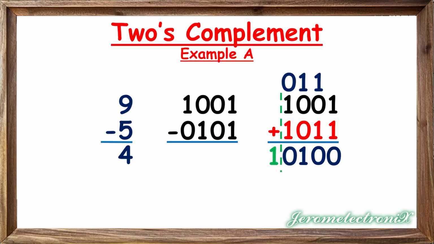And that 1 carryover, well, it jumped over to the other side of the barrier, and so that is the sign of this equation. So 1s are positive, 0s are negative, so now we've got a positive number. I'm going to drop the leading 0 and acknowledge that 100 is indeed a binary 4. Okay, so that's example A.